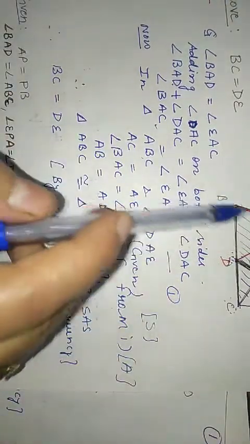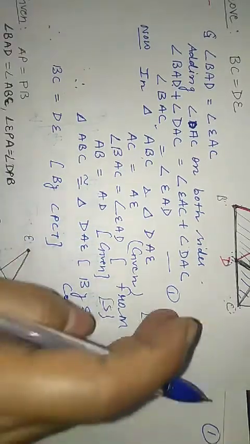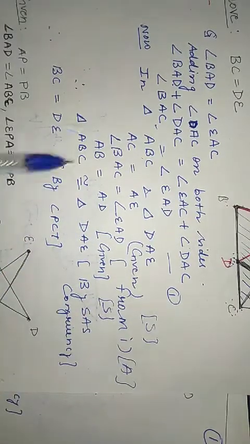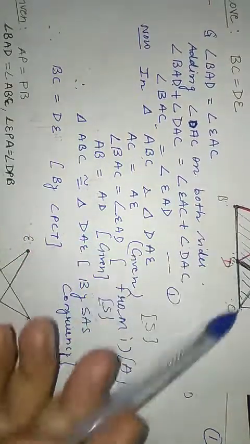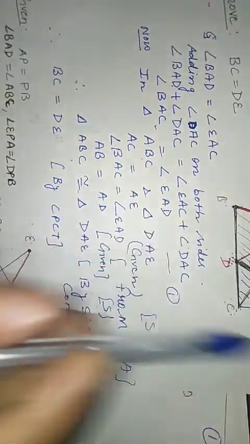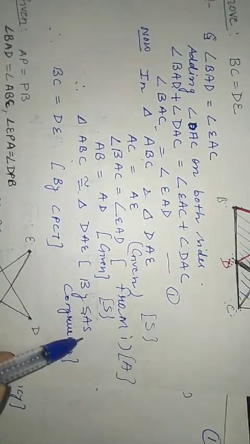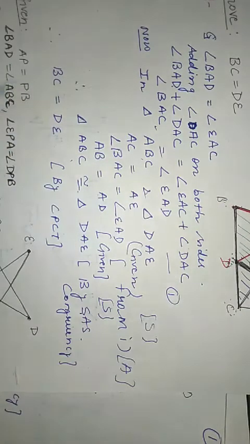And side AB, with the same color, is equal to AD. This is also given. So by SAS congruency, triangle ABC is congruent to triangle DAE. By CPCT we can say BC is equal to DE.